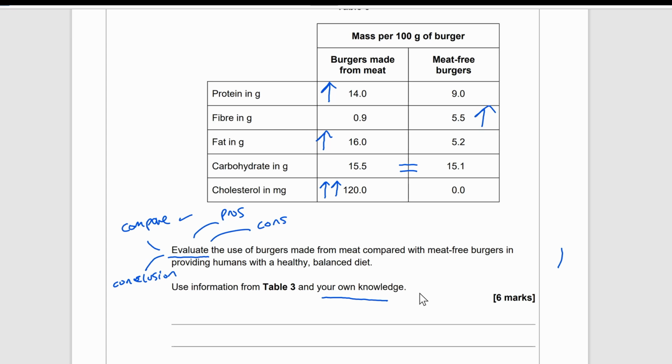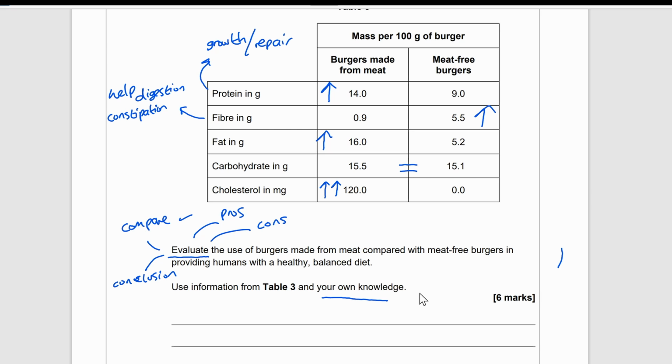We now need to think about our own knowledge. What do we know about these different nutrients? What role do they play in our digestive system? Protein, the role of protein for us to consume it is for growth and repair. Fiber, the reason why we consume fiber is to help with digestion, and if we don't take in fiber, it can lead to constipation. Fat, we take in fat as a source of energy.